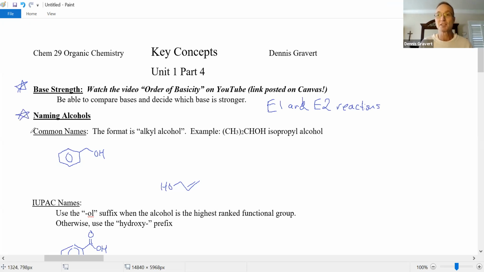First thing we typically do is name them. So it's pretty straightforward. For common names, this is review. We talked about this last semester. You just use the format alkyl alcohol. So if you have CH3OH and you want to assign it the common name, this is the methyl group, and this is the alcohol functional group, and you put them together with a little space in between, and you got the name, methyl alcohol.